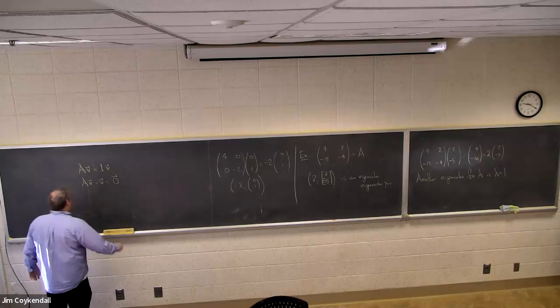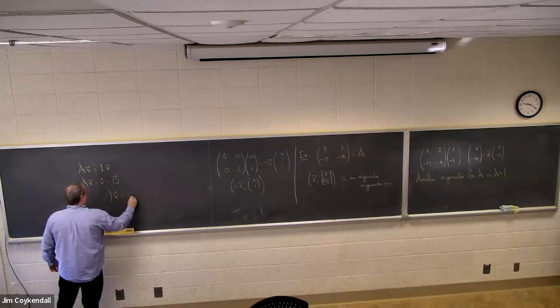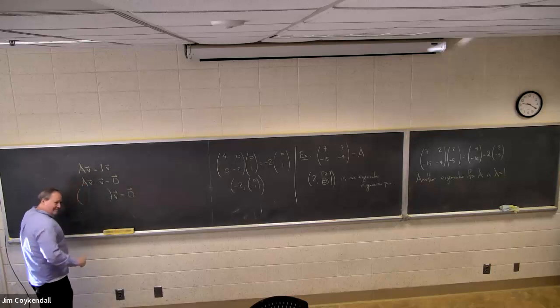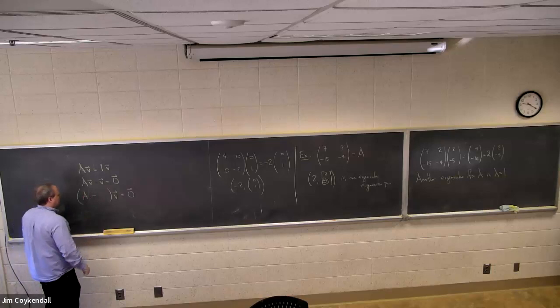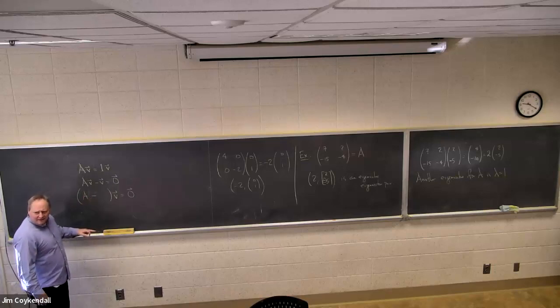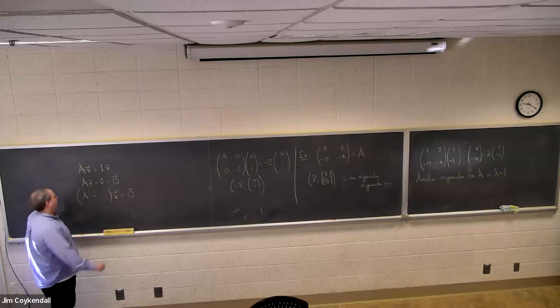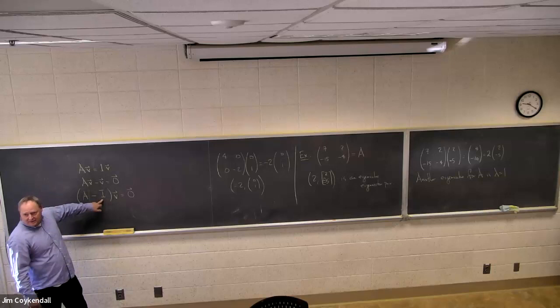Now I'm going to pull out a b here, so it's A minus I, times b.